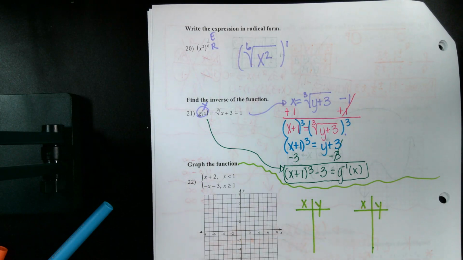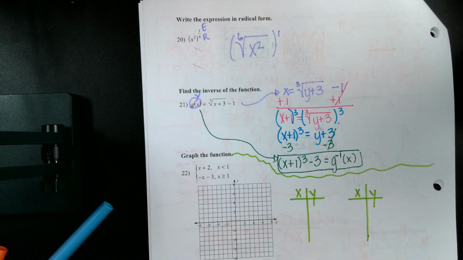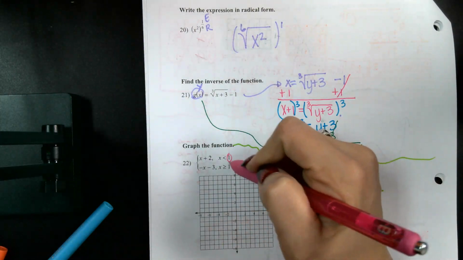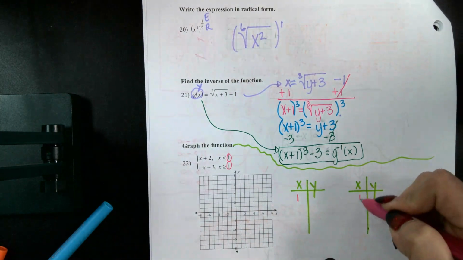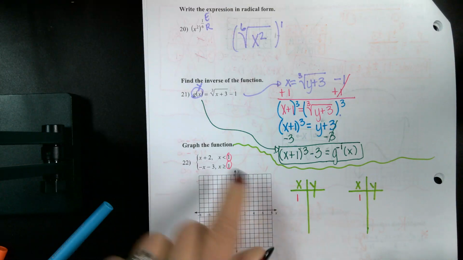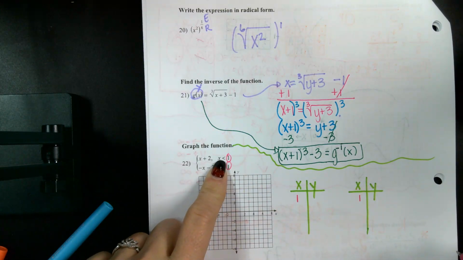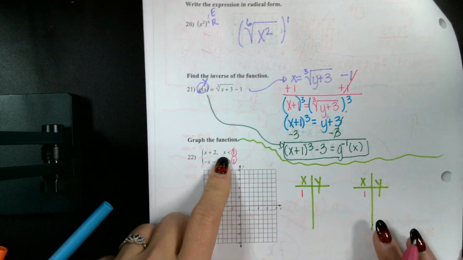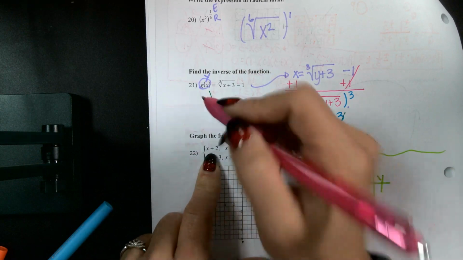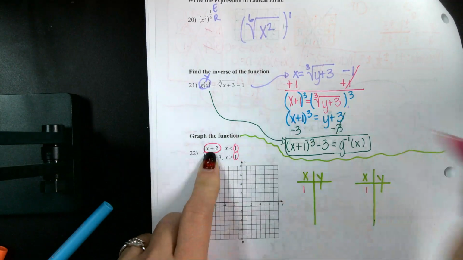Okay, now, this is a piecewise function. Number 22. The 1, this one right here, that's the one that each T-chart should start with. Now for the numbers less than 1, so you might want to be looking up at the board. For the numbers less than 1, we're going to use this to find our y's.